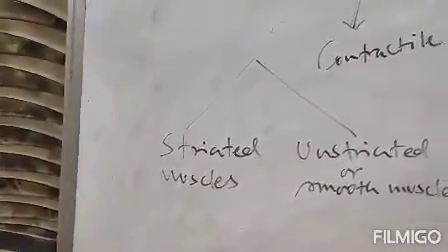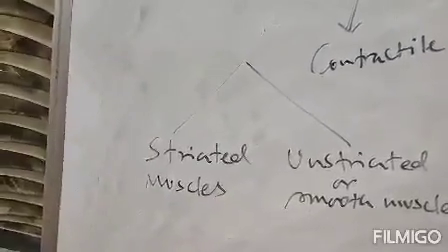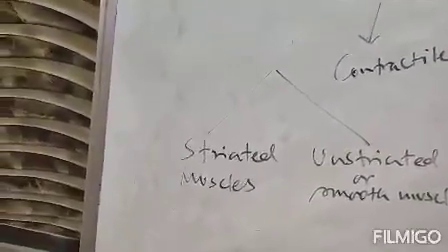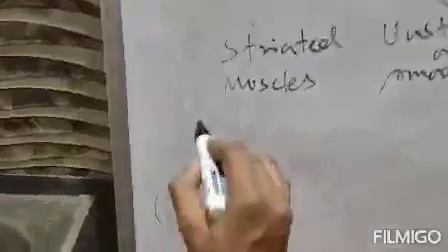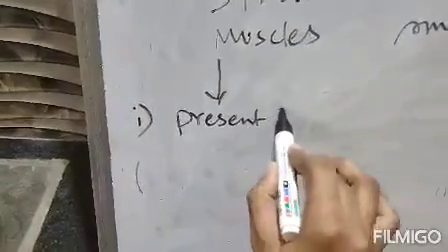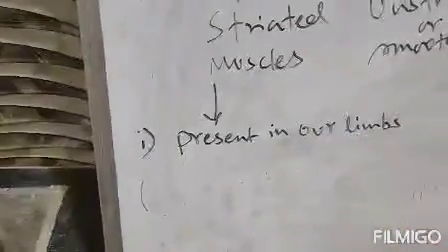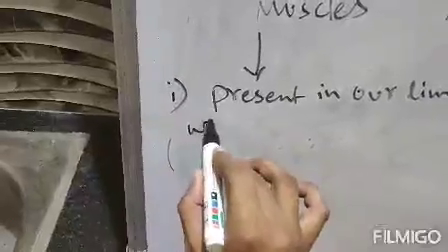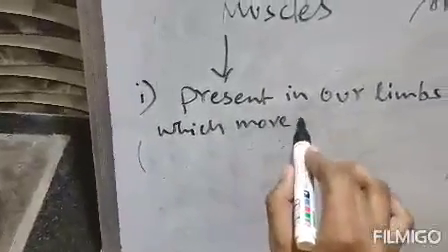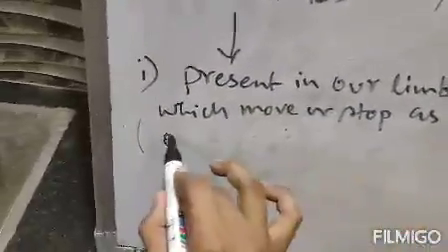Striated muscles are present in our limbs, which move or stop as per our will.